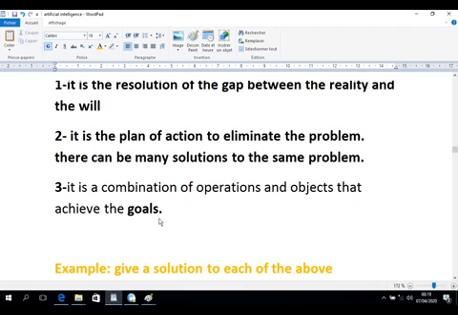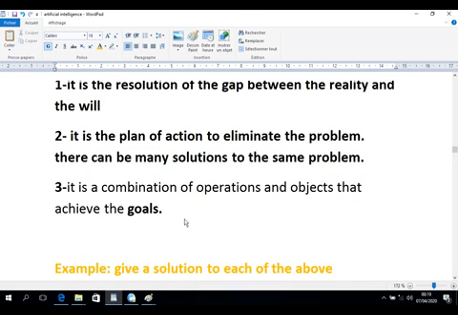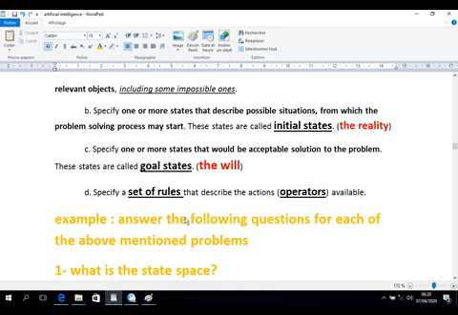So there is a problem. What is the solution? It is the plan of action. So what do we need to solve the problem? There can be many solutions to the same problem. A solution is also a combination of operations and objects that achieve the goals.